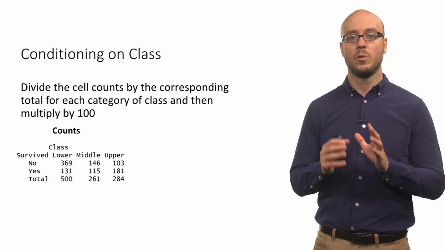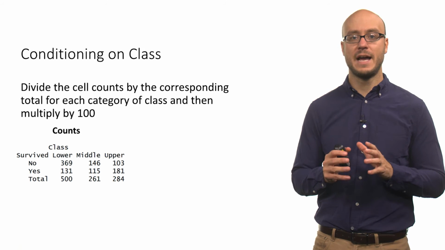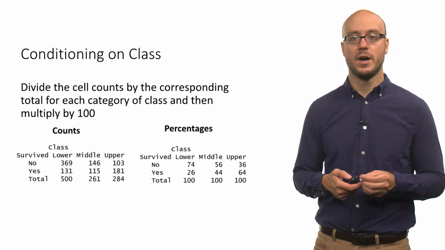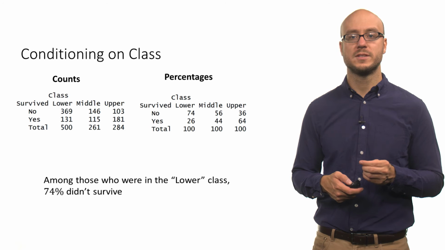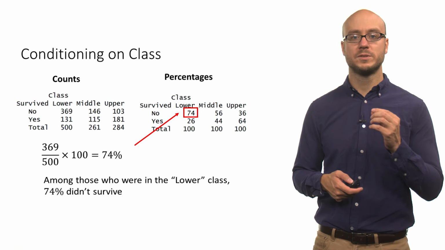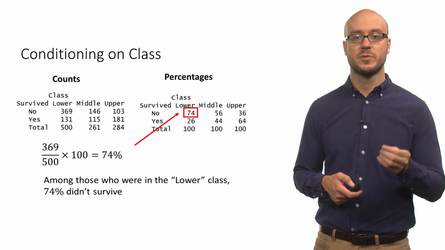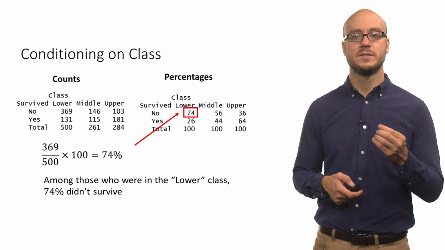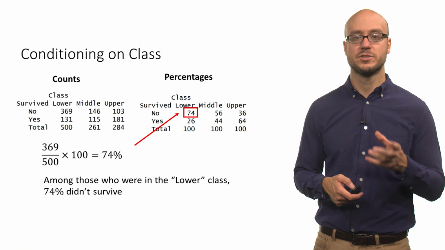Now, a different approach is to condition on passenger class. We divide the cell counts by the corresponding total for each level of class and then multiply by 100, which just converts from counts to percentages. Let's go through a few examples. We take the cell count for this combination, which is 369, and divide it by 500, the total number of passengers in the lower class.